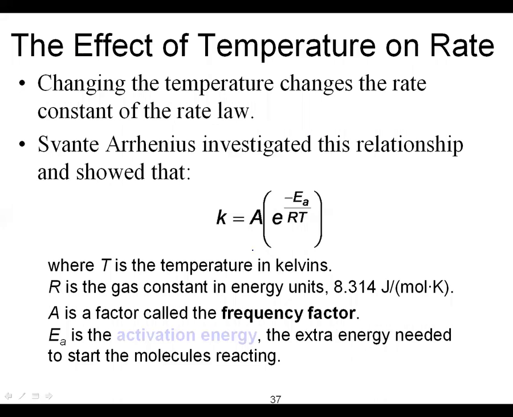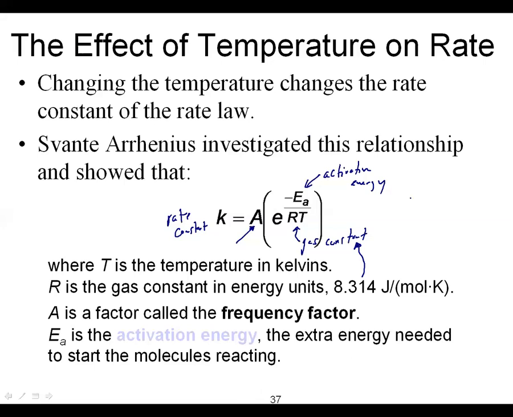That's sort of the proportion of molecules that have enough energy to get to the other side. Times e to the negative activation energy over R, which is our gas constant. It's not the one for the ideal gas law, but the one that involves energy, the 8.314 version. And T here is temperature in Kelvin.